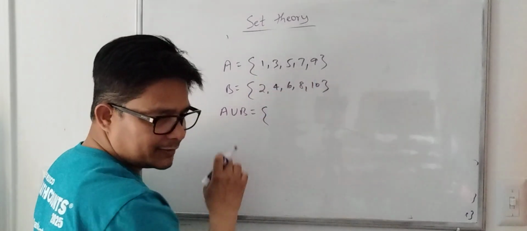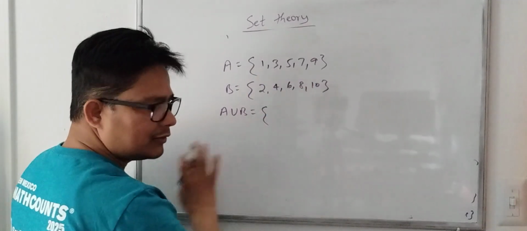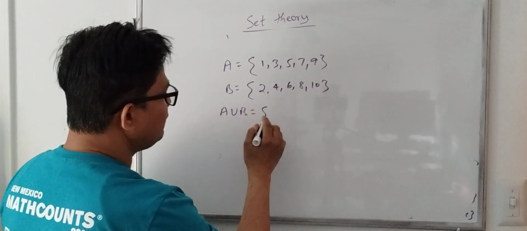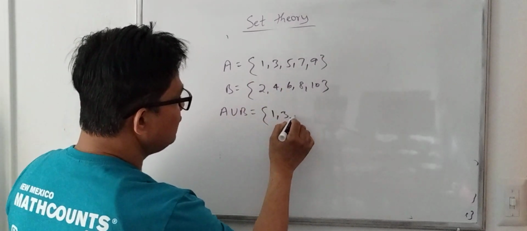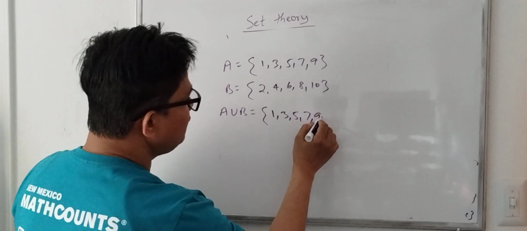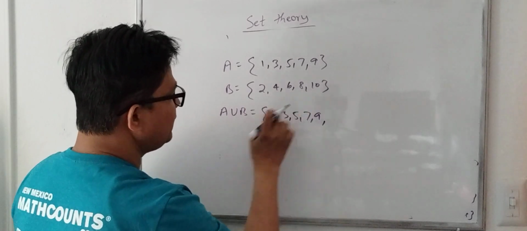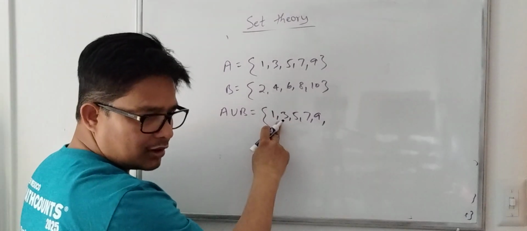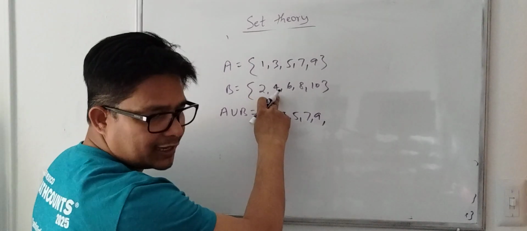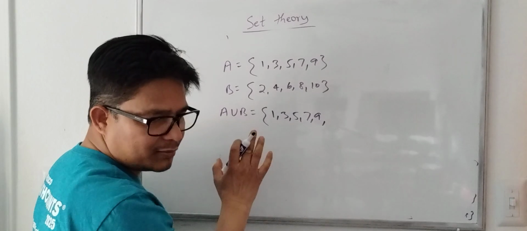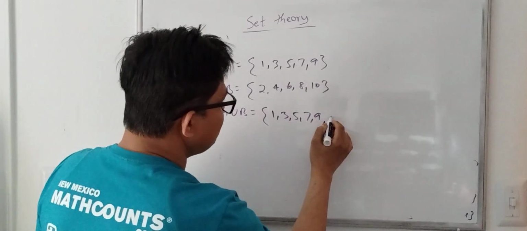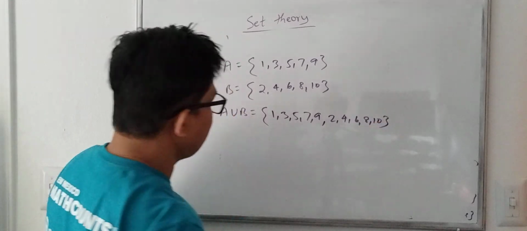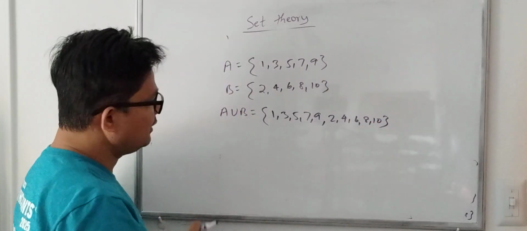Write down all the elements of A first, which makes life easier. So I will write 1, 3, 5, 7, 9, and then go through the elements of B and see if they are already there. Since A has odd numbers and B has even numbers, do you think there will be any common? No. So I will just write down all the elements 2, 4, 6, 8 and 10. So this is the union of A and B.